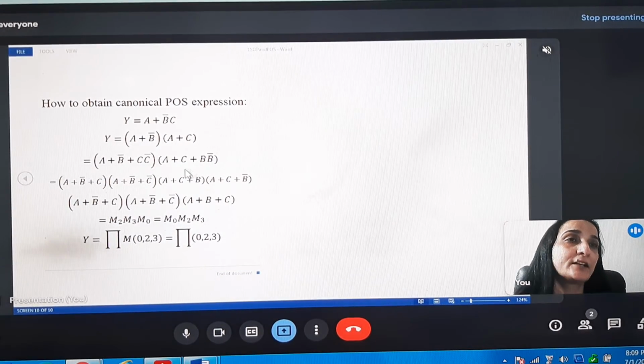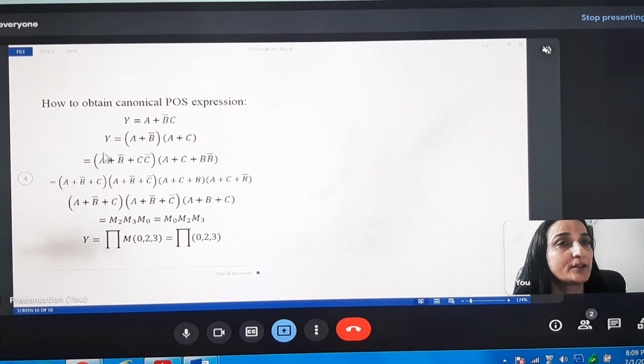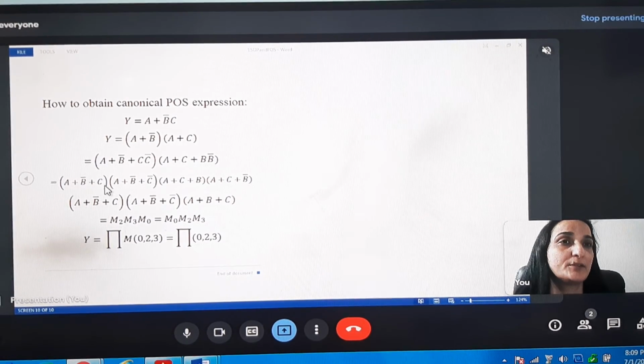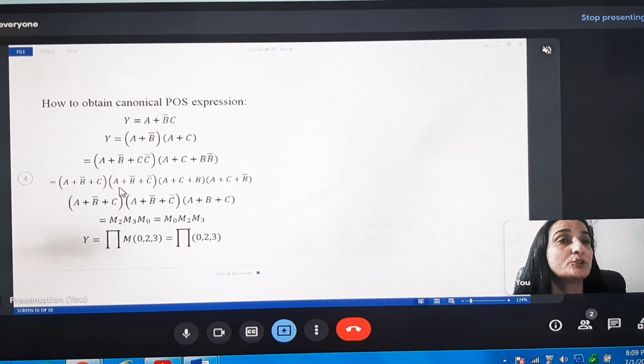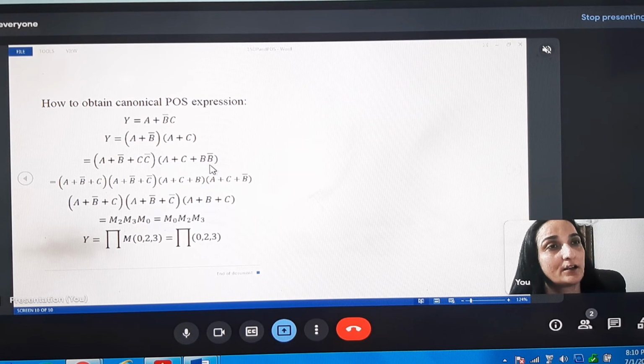Now again apply the distributive property, substitute X for A plus B bar, Y for C, Z for C bar, and write it as A plus B bar plus C dot A plus B bar plus C bar. Substitute X for A plus C, Y for B, and Z for B bar.